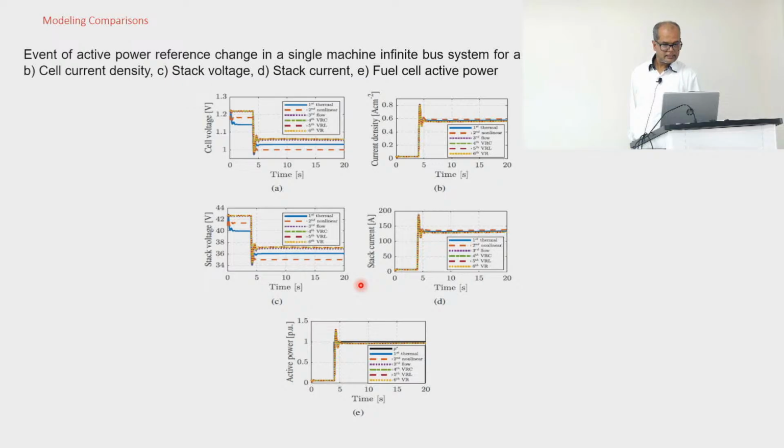And here you can see that when you look at the voltage and current, in some cases you have very high voltages, but in other cases, when you consider all the losses, as the first one did, your voltage is going to be lower.